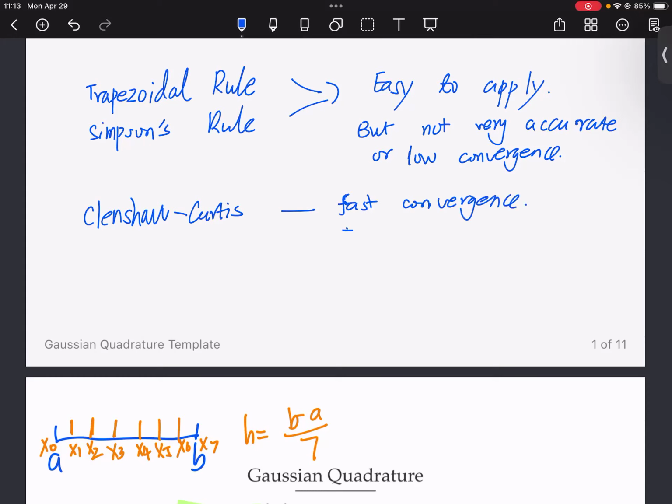And the coefficients and the nodal points are easy to calculate. It's easy to compute.